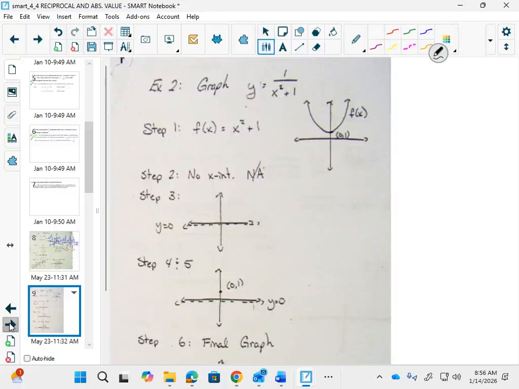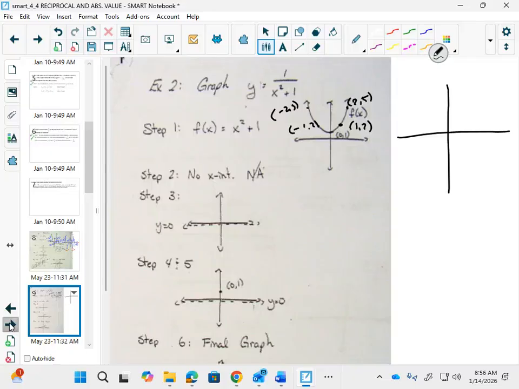So you start by drawing your original graph. X squared plus 1. It would have 0, 1. I could label some other points on here. 1, 2. 2, 5. -1, 2. It's easy to label points on your original graph. Then your reciprocal graph. Do you have any x-intercepts?